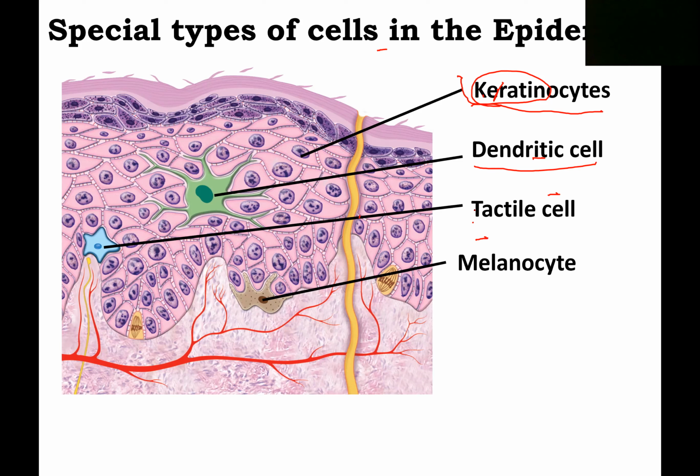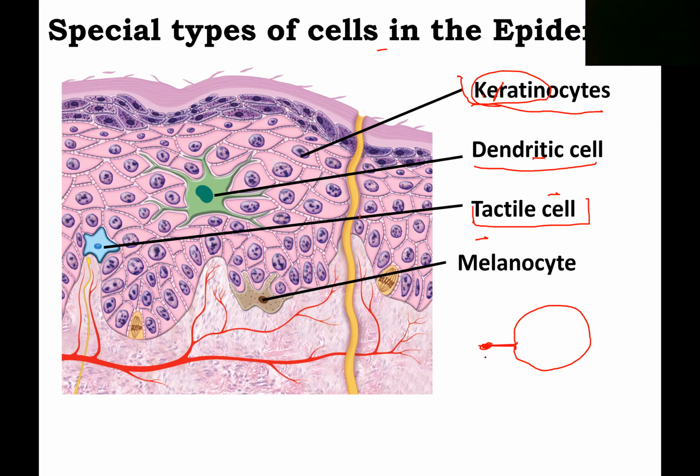Tactile cells, the little blue star, are going to increase the range of sensitivity for sensory receptors. So if we think of the surface area of the tip of a finger versus the surface area of the palm of your hand.